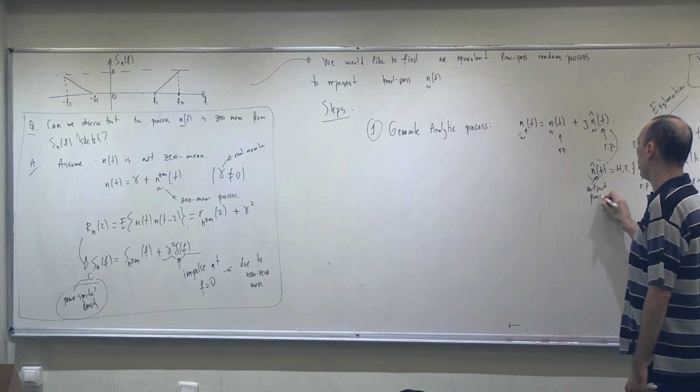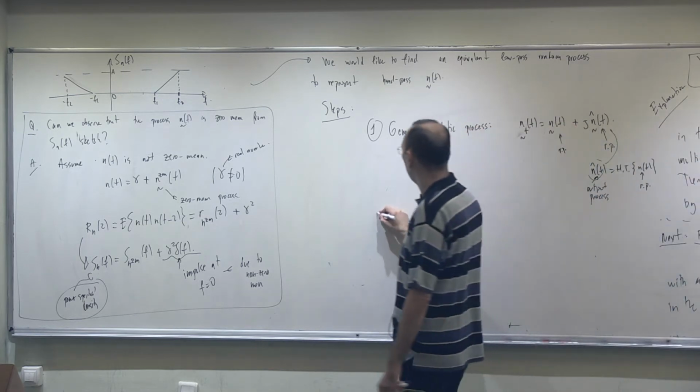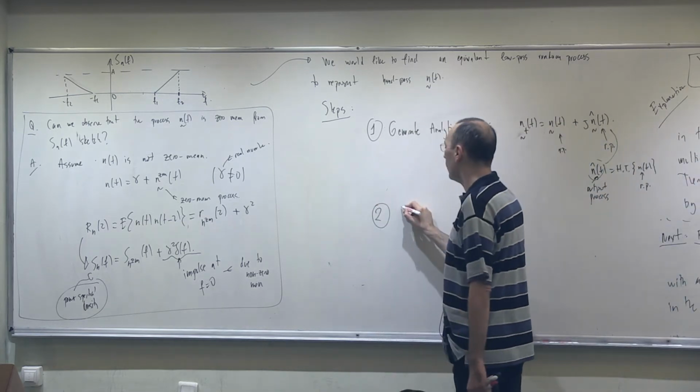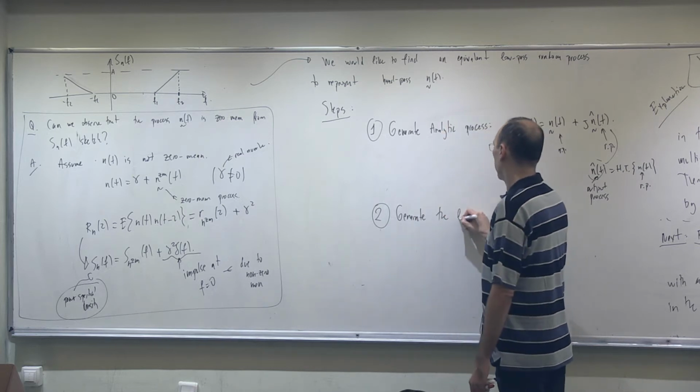But luckily we know how to study filtering of random processes and so on. Okay? I can do such calculations. So we will deal with this. It's not very complicated, you will see. Number two, generate the Lowpass equivalent process.